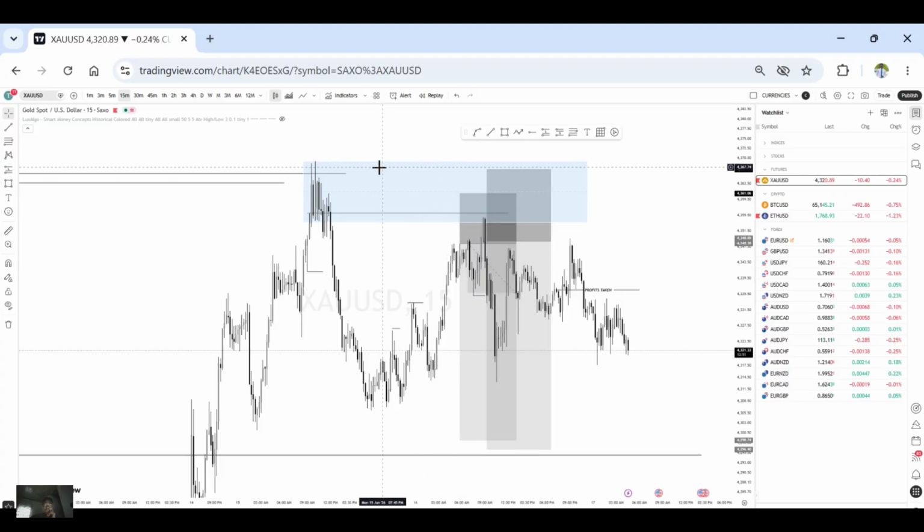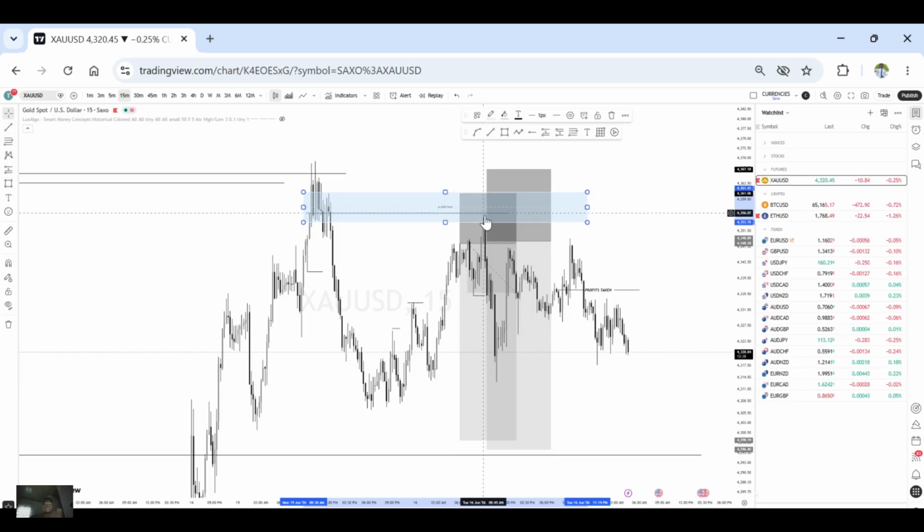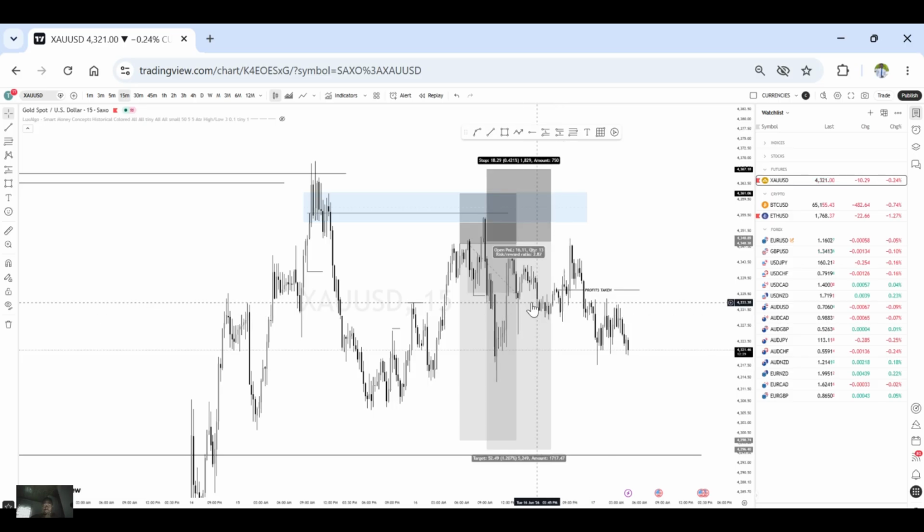Because of price volatility, I extended the supply to this point. Normally, it's supposed to be just here, which would have given me a nice risk to reward. You see, this was about 3 hours, but I collected only 1 hour, and I'm okay with that. I'm not greedy.